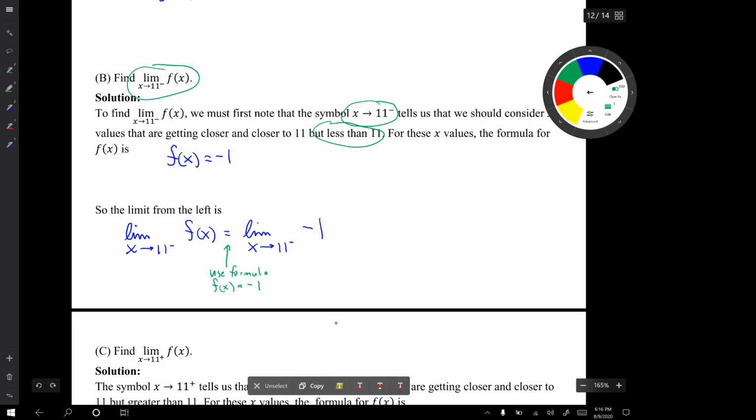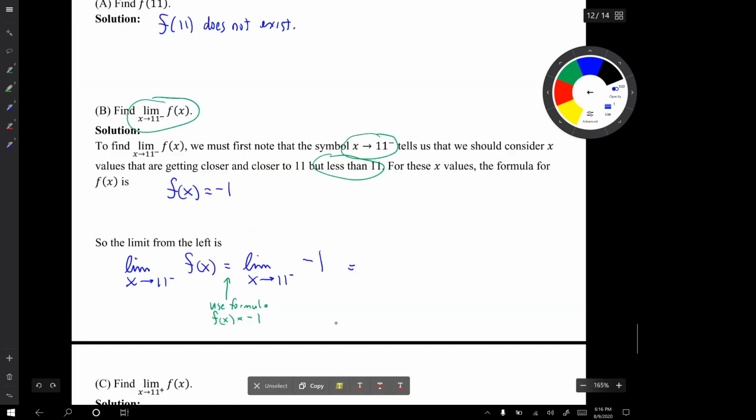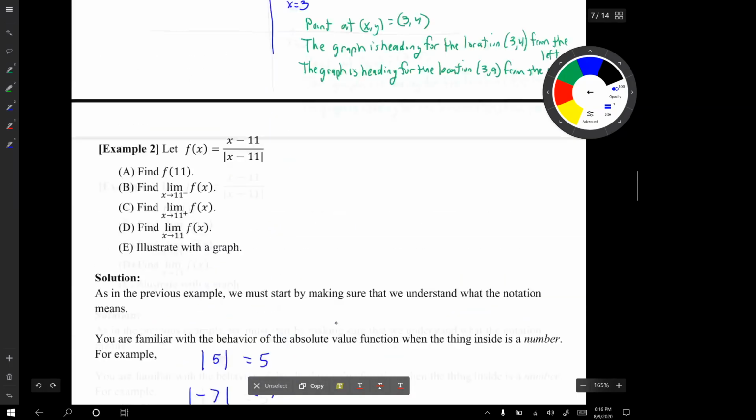So as we did in the previous example for a piecewise defined function, when computing a one-sided limit, we start by picking out the correct formula to use for the function. Well, in this case, the formula is very simple. The formula for f of x is just f of x equals minus 1. Well, so how do you compute the limit of that? What's the limit of negative 1? Well, let's go back up and look at our limit properties.